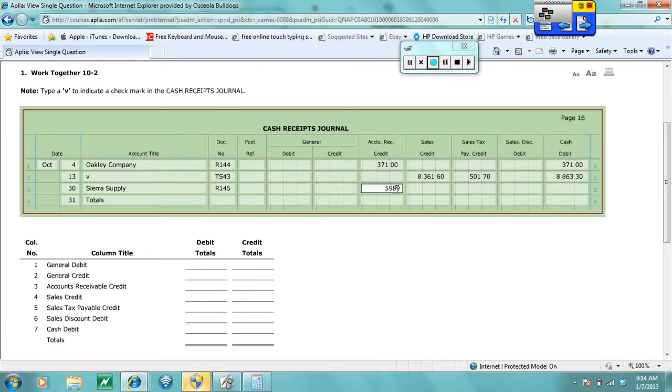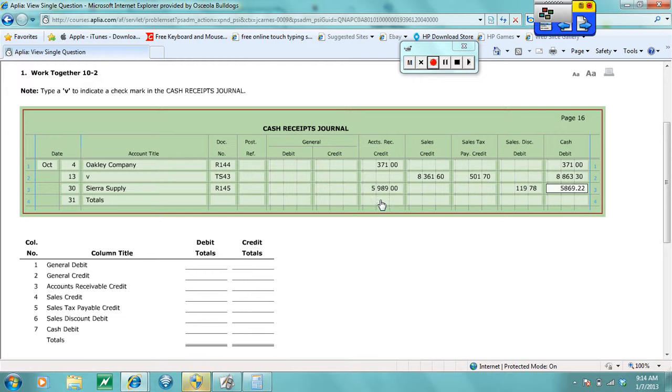If we take $5,989 times 0.02, we get $119.78. You subtract the discount you're giving them, and they sent you a check for $5,869.22. At least you hope it comes up to that.